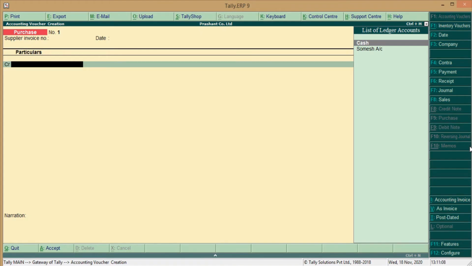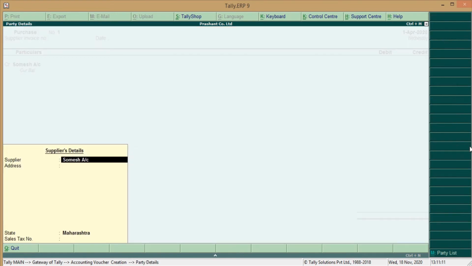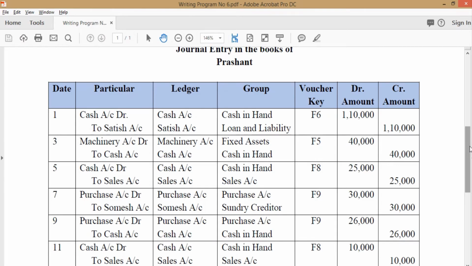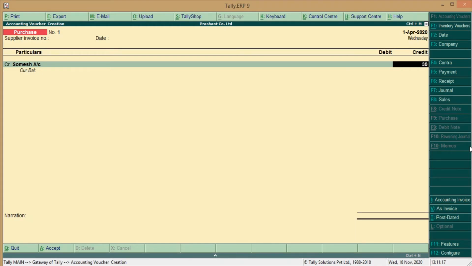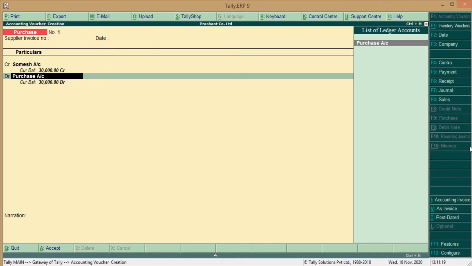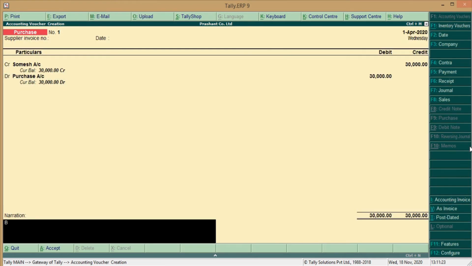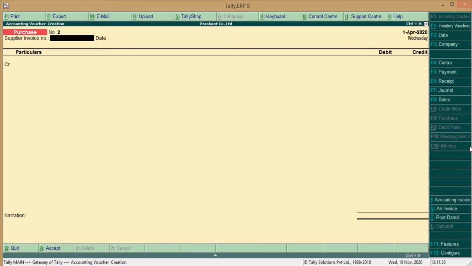So Somesh account of rupees 30,000. Debit purchase account 30,000, being goods purchase on credit basis.